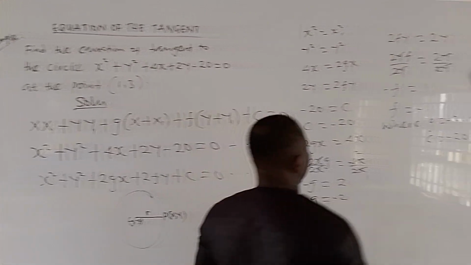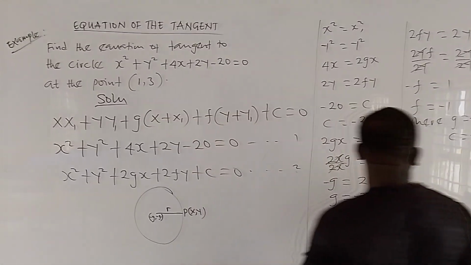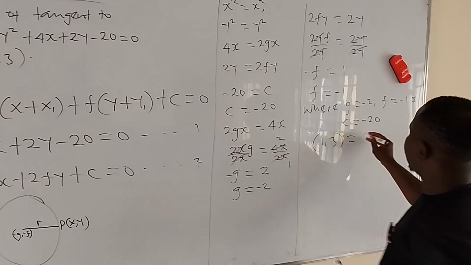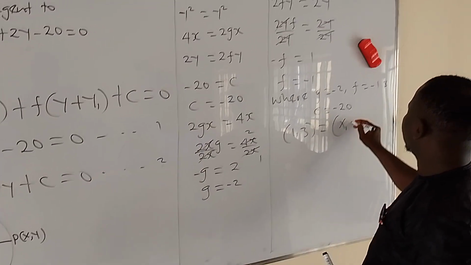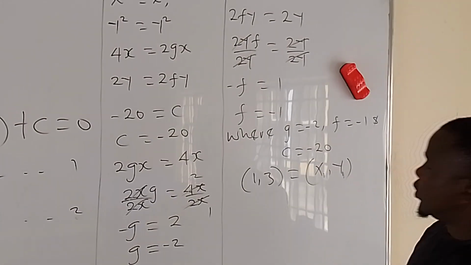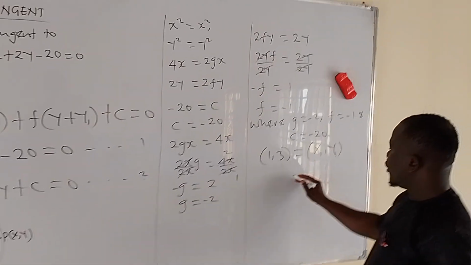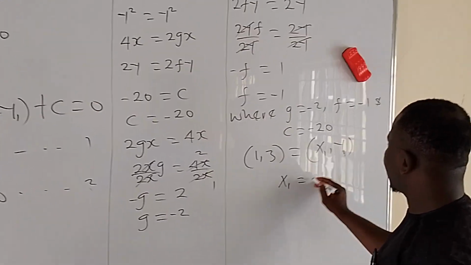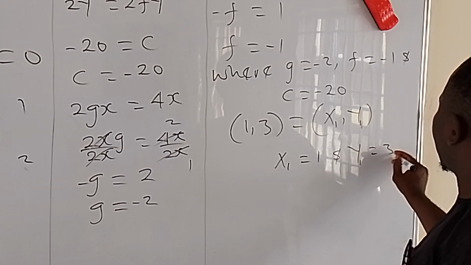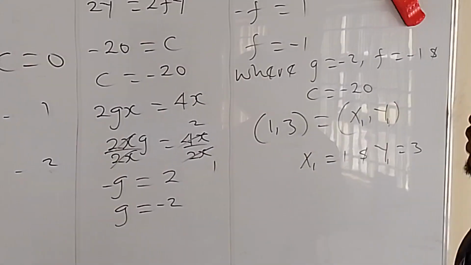Look at it, we have the point (1, 3), which is equal to (x1, y1). So this implies that x1 is equal to 1 and y1 is equal to 3. It's as simple as ABC.